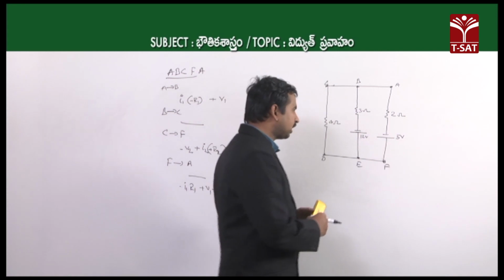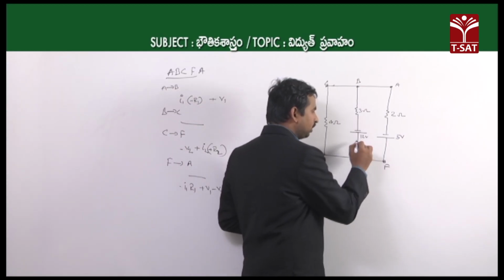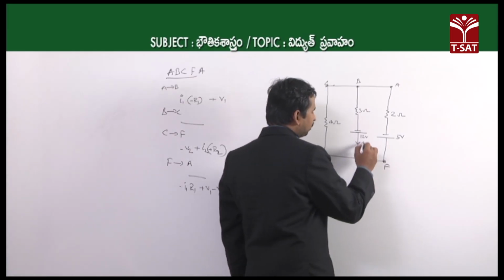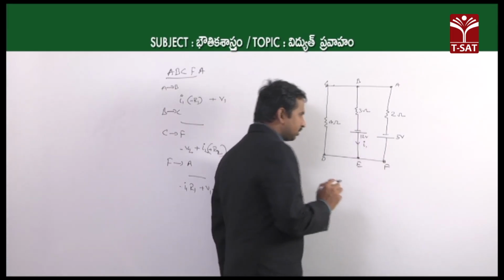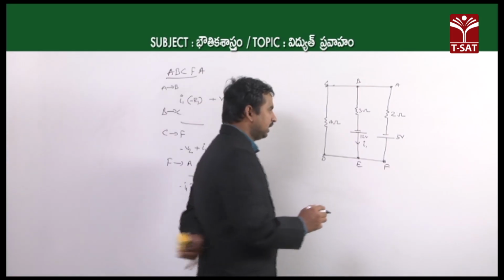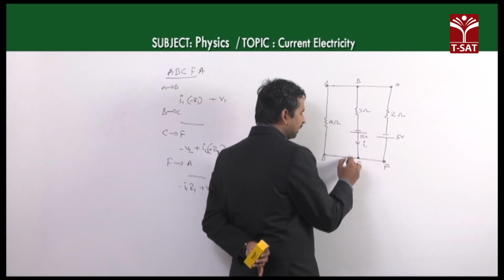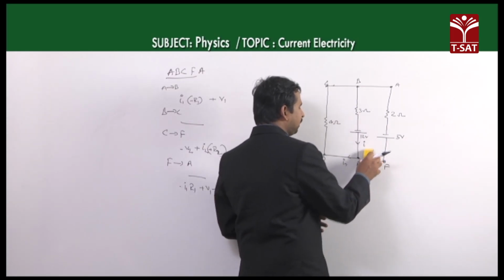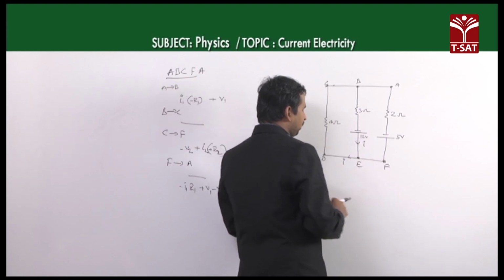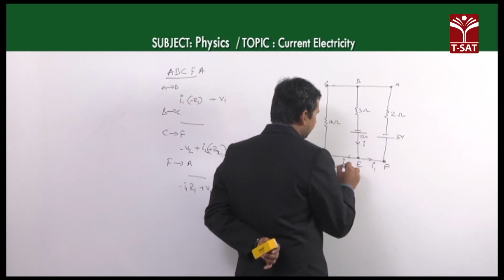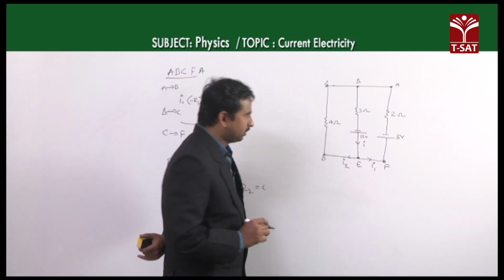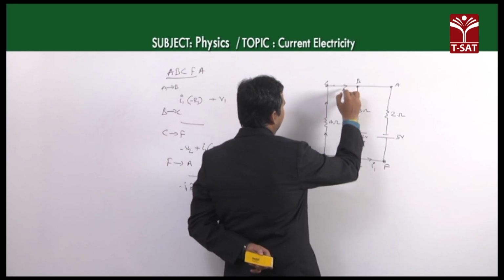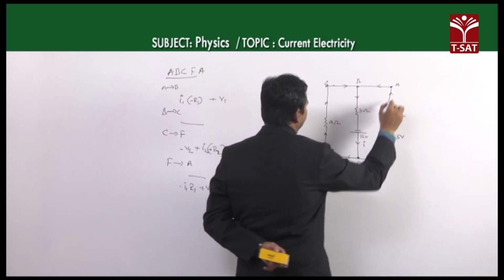Then in this case the current will start from the 12 volts battery. Let us suppose it is I1. Then at this junction point the current divides. So let the total current be I, and from here let I1 go one way and I2 the other way. Again the current passes here, comes up here and goes inside, like this.